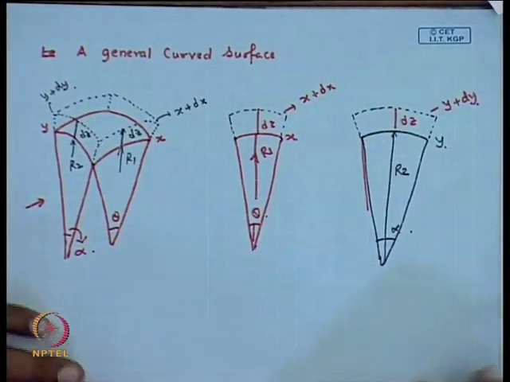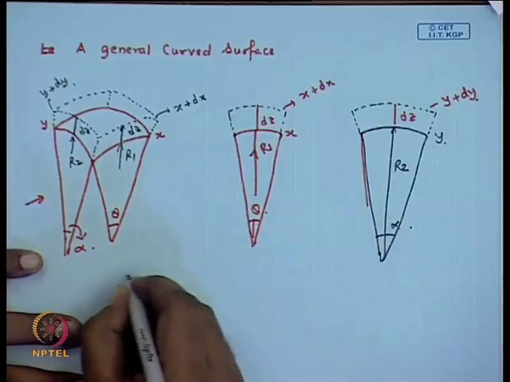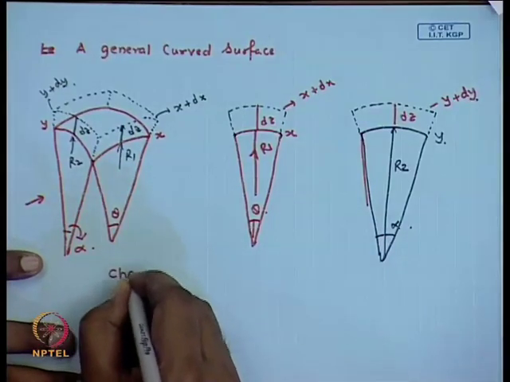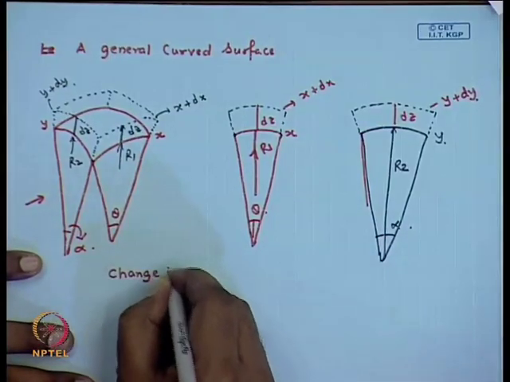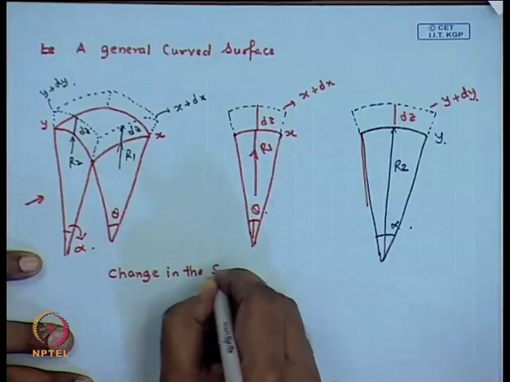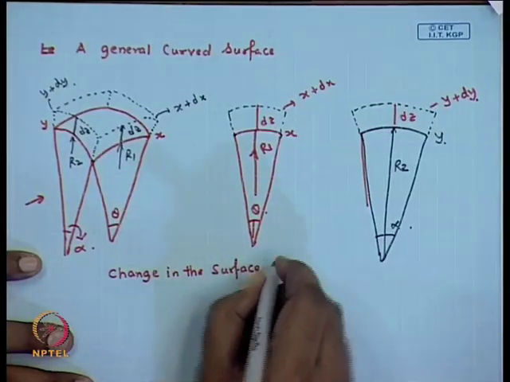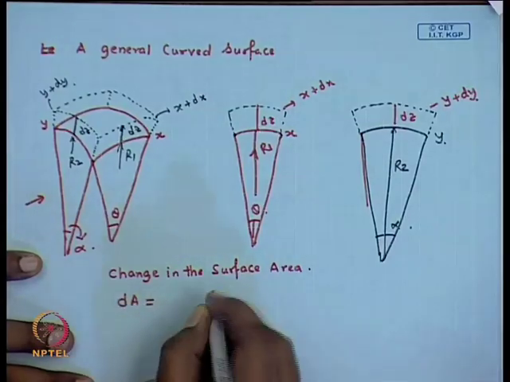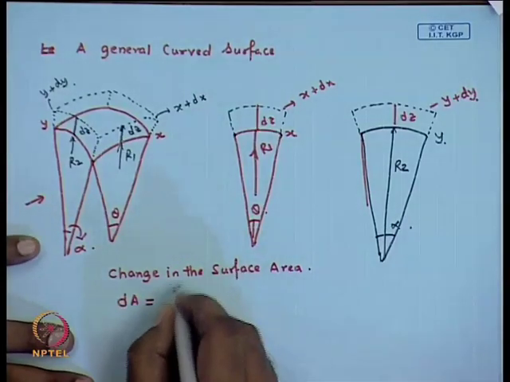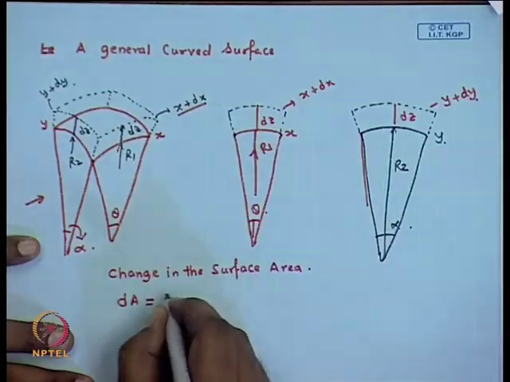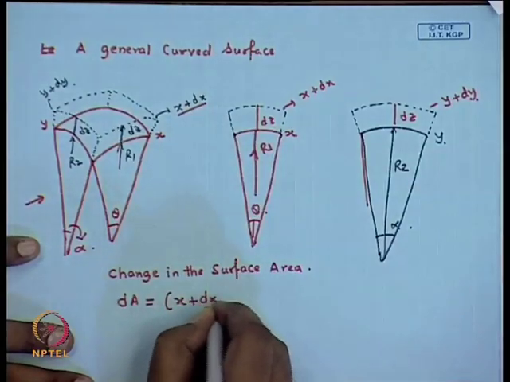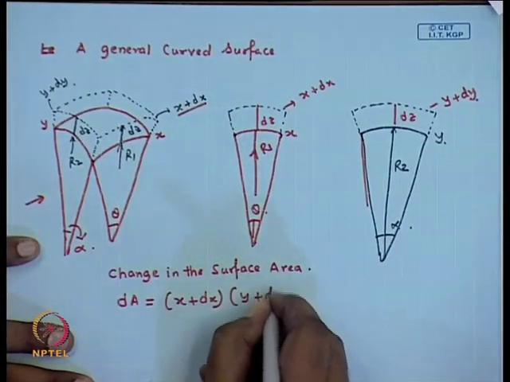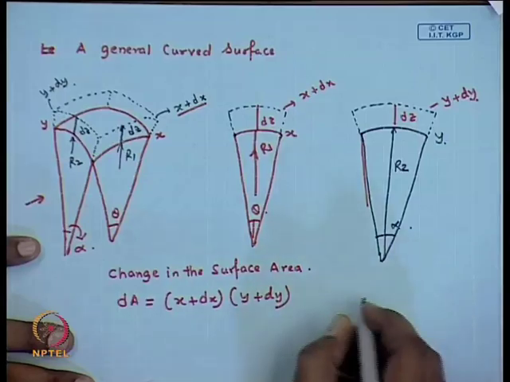Okay. So, the change in the surface area dA. What is the change in the surface area? What is the new surface area? New surface area is x plus del x into y plus del y, and what was the earlier surface area?